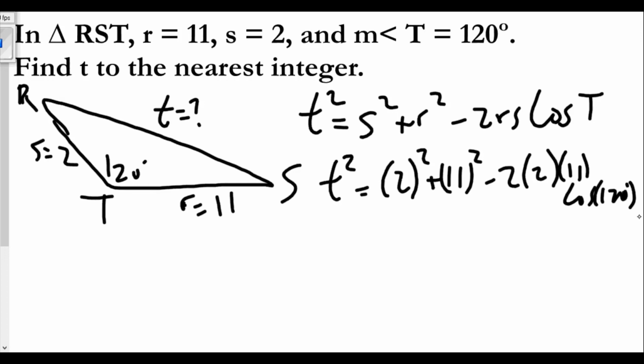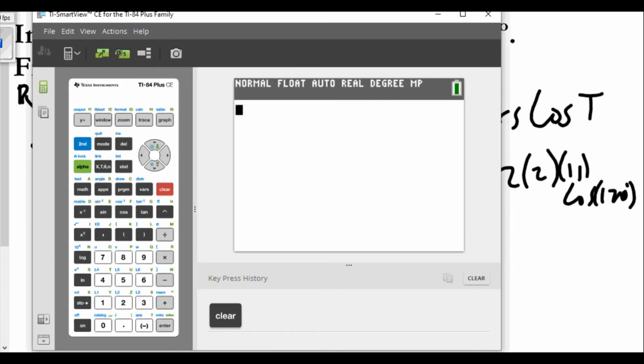Now, this is actual work. Filling in the values into your formula is actual work. And so here on a calculator, which I will now pull up, all right, we're going to plug this in.